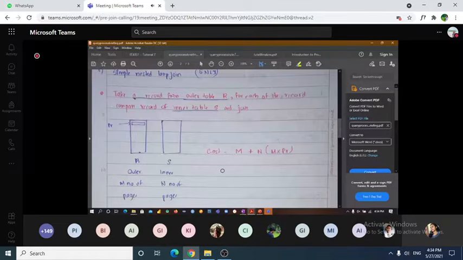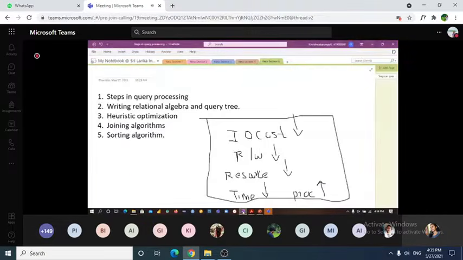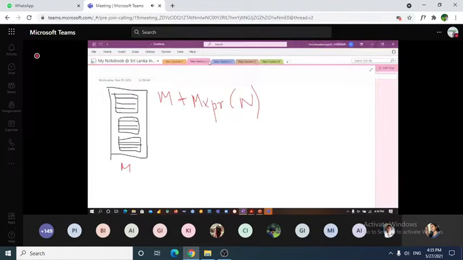Okay. So let me just show it here as well. There are m number of pages. This is the outer table, and there are n number of pages here.